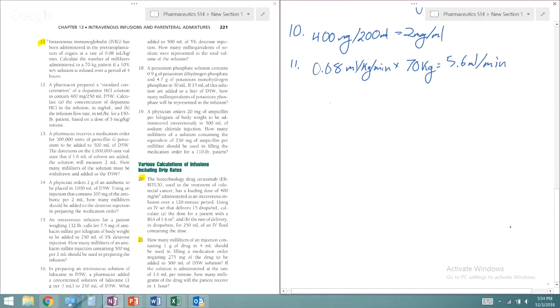And then you have to do 5.6 milliliters a minute times 4 hours times 60 minutes in an hour.